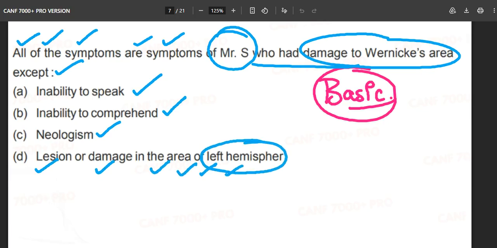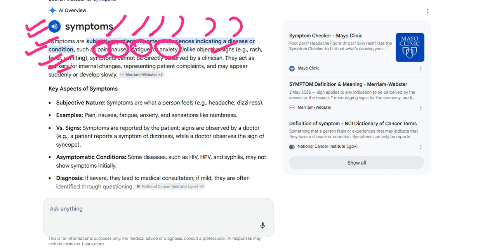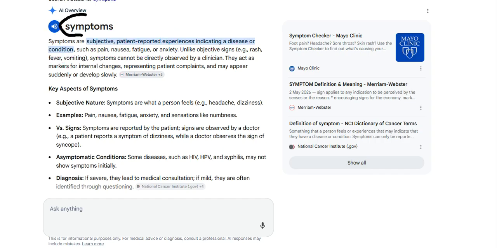Now, symptoms. First of all, we will try to identify what symptoms are. Symptoms are subjective, patient-reported experiences indicating a disease or condition, such as pain, nausea, fatigue, or anxiety, unlike objective signs. Right now you have a basic idea of what a symptom is, which is subjectively reported by the patient.